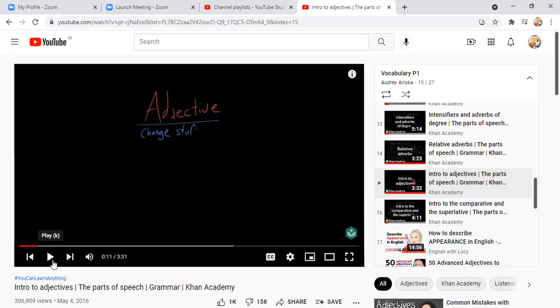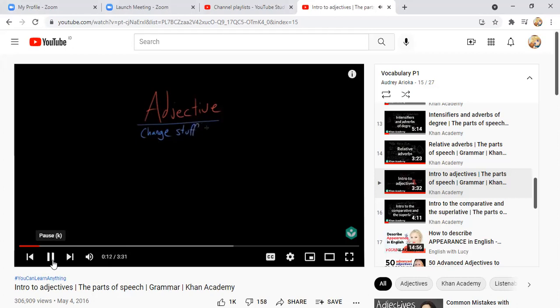Adjective only explains about a noun. Okay. Jadi kalau adverb itu menerangkan semua kata-kata lain dalam satu sentence, sedangkan adjective itu hanya menerangkan tentang noun.